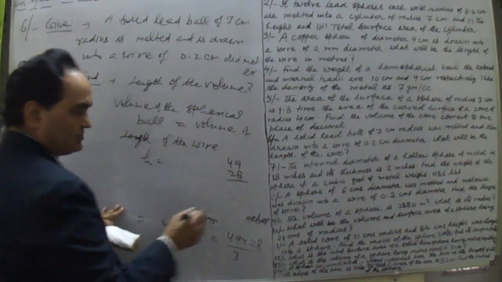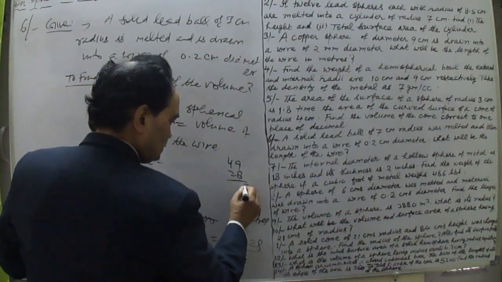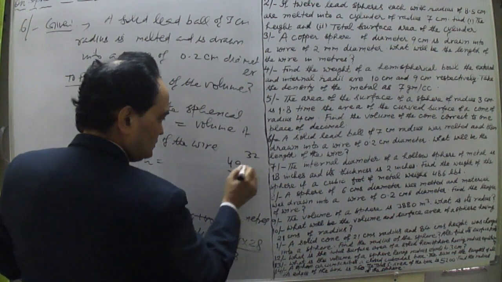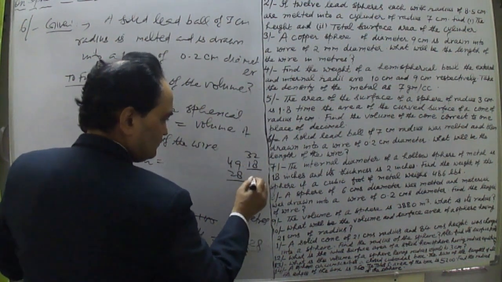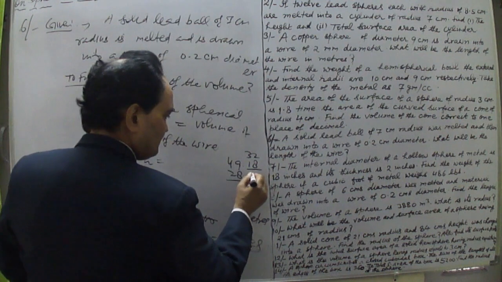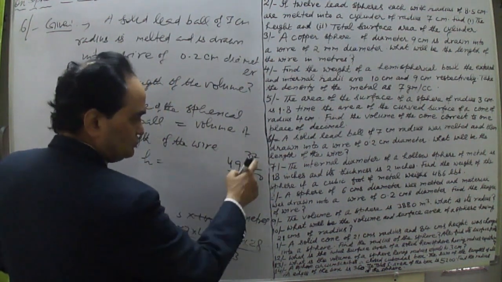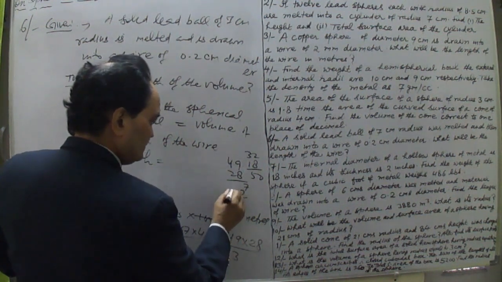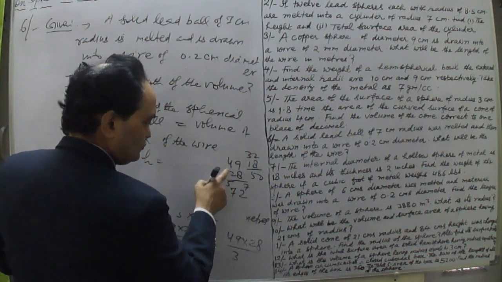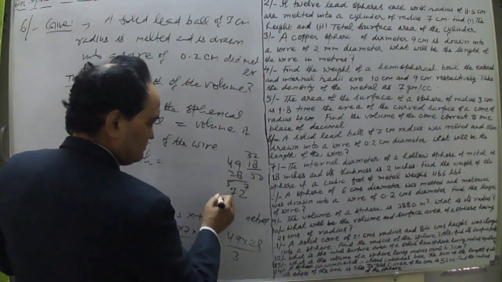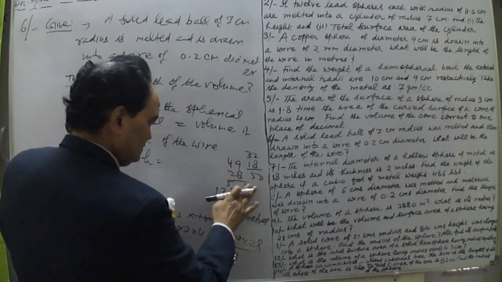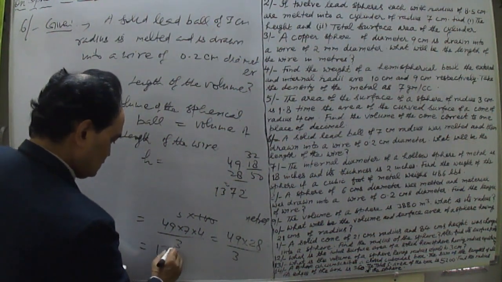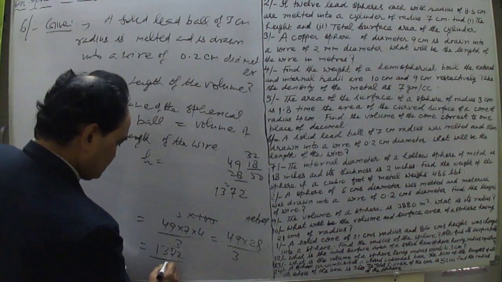Let me multiply: 9 times 8 is 72, 2 and carry 7; 8 times 4 is 32, plus 7 is 39... 49 into 28 is 1372, divided by 3.